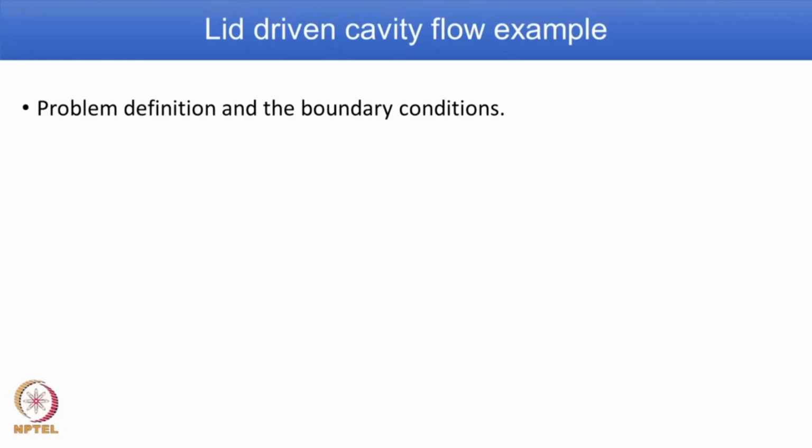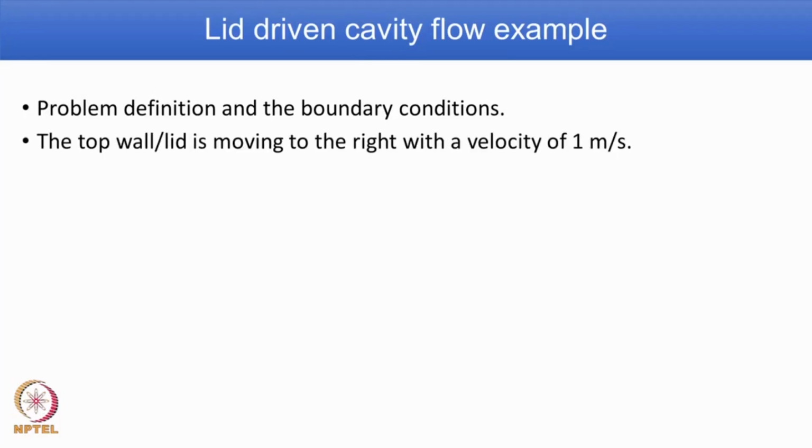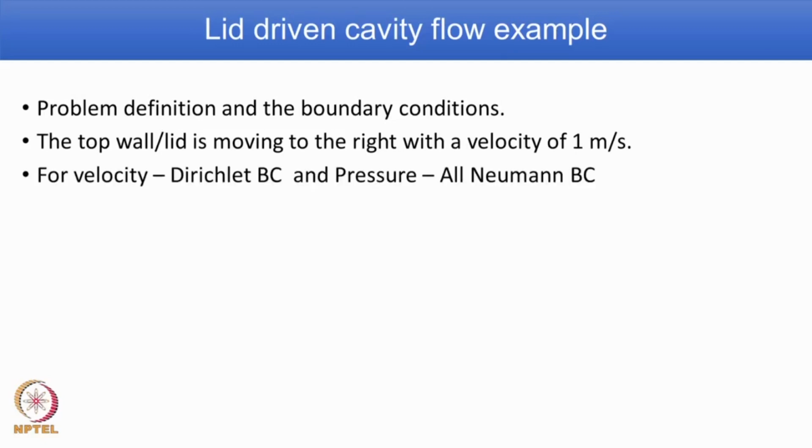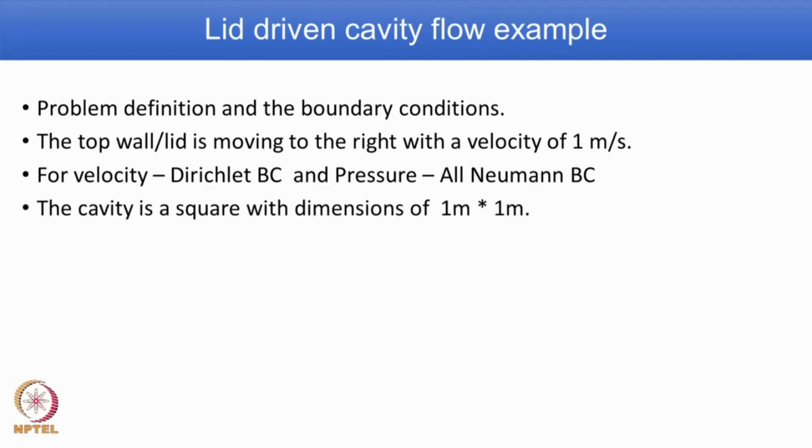The problem that we considered in week 8 was the lid driven cavity example. We defined the problem and the boundary conditions. We mentioned the top wall or the lid is moving from left to right with a specific velocity, and for velocity we used Dirichlet boundary condition, and for pressure we used Neumann boundary condition.